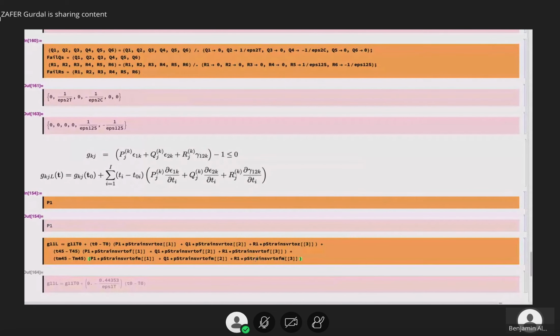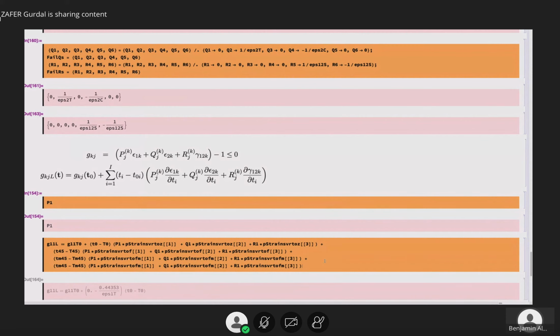I am basically correcting my own things, and then the 90. One more term. And we'll make that T90. Make this 90.